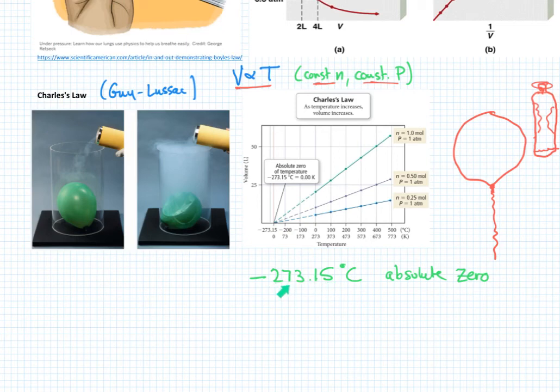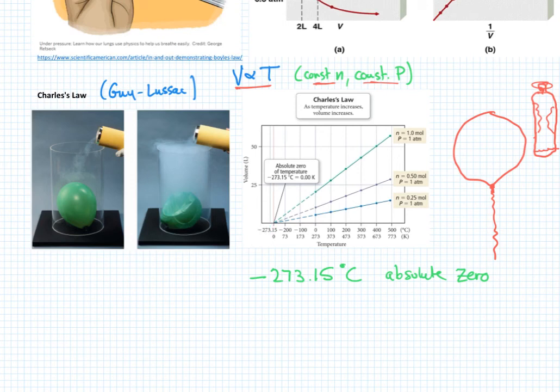You can't get to absolute zero, but you can get very, very close to it, nanokelvins away. But back when these experiments were first being done in the 1700s and 1800s, there was no possible way to get anywhere close to that temperature. But you could do above 0 degrees C, above the freezing point, at increasingly higher temperatures, and then you could extrapolate those curves, and every single one of them went back to absolute zero.